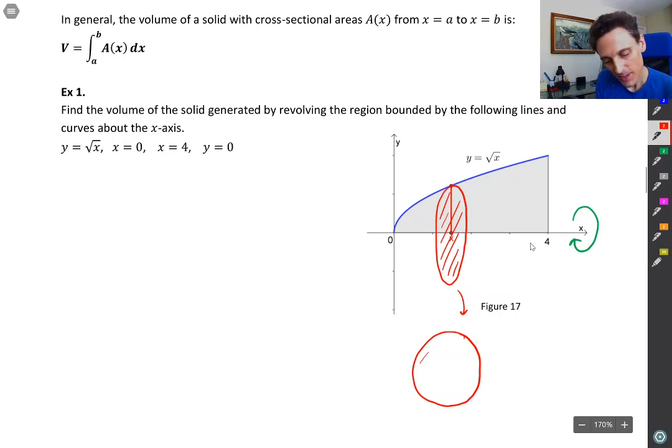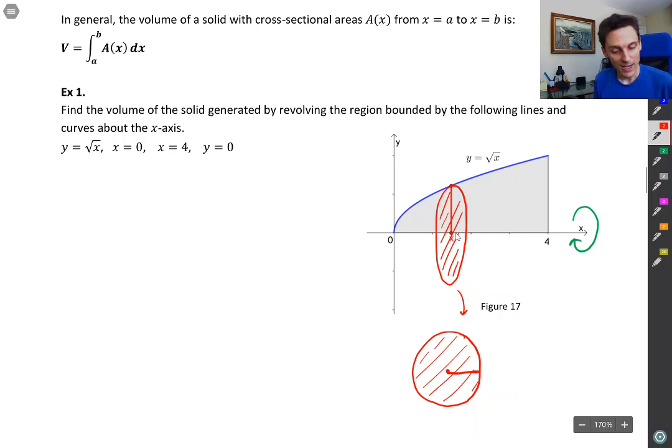So our goal is going to be to find the area of this circle. What we're going to need to find the area of the circle is the radius of the circle. After all, the area of a circle is pi r squared, where r is the radius. So what is the radius of this circle going to be as a function of x?